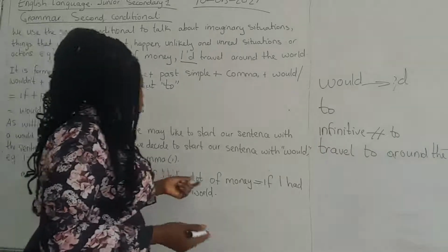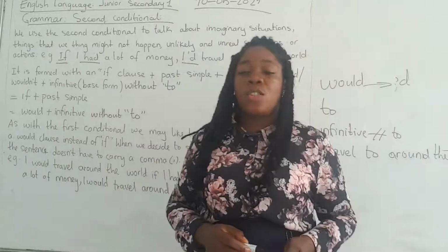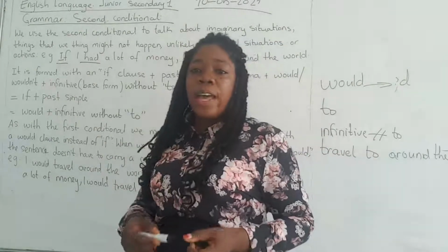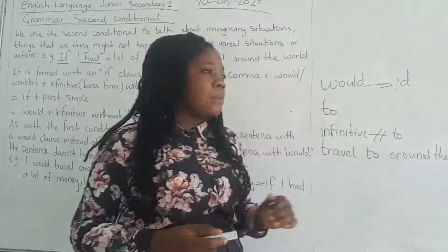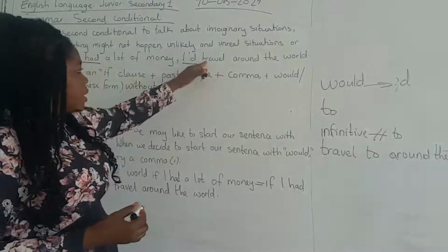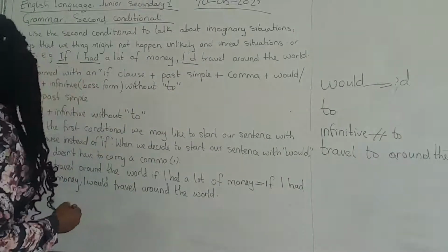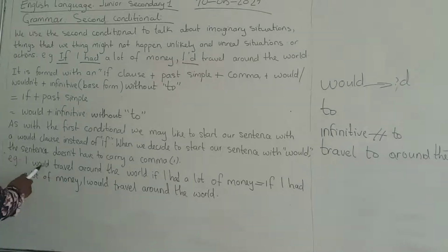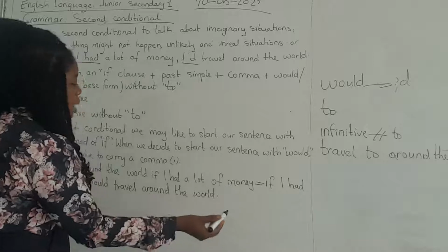As in the first conditional, we may like to start our sentence with would. And if a sentence starts with would, we don't add a comma to the sentence. We are going to repeat the same sentence here, but we'll start with would. I would travel around the world if I had a lot of money.